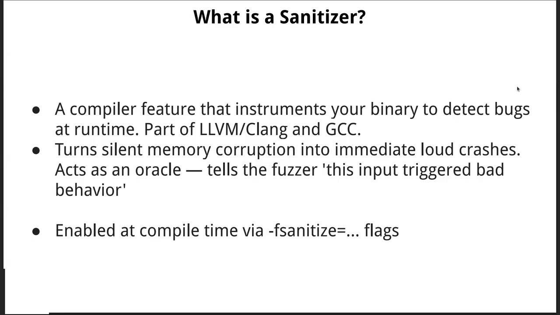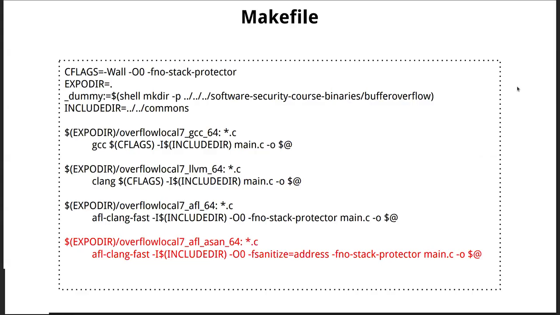You can enable those by just adding compile flags like this: -fsanitize, and you can choose which sanitizer you use. In my makefile, the last one, we use -fsanitize=address, which means we want to use the built-in sanitizer for ASAN.